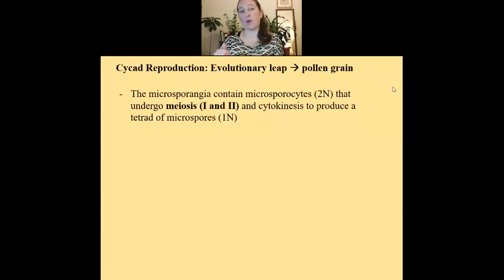The microspore in Selaginella contains an entire antheridium organ. The microspore in cycads and the other seed plants contains much less content. In the case of cycads, it's prothallal cell, pollen tube cell, and generative cell. So a couple cells as opposed to an entire antheridium organ. But let's go through this now and maybe it'll make a little bit more sense.